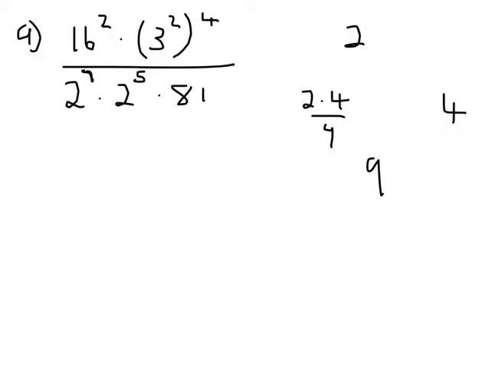What I know is that 2 is to the exponent of 1, 4 can be written as 2 to the exponent of 2, and 9, we know very well, can be written as 3 squared. That's how I always look at it, so that it doesn't look intimidating.